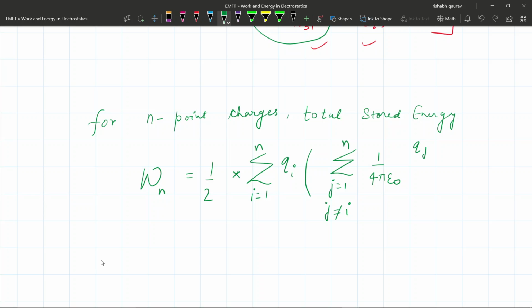This is qj upon rij or rji. So this is the general formula.